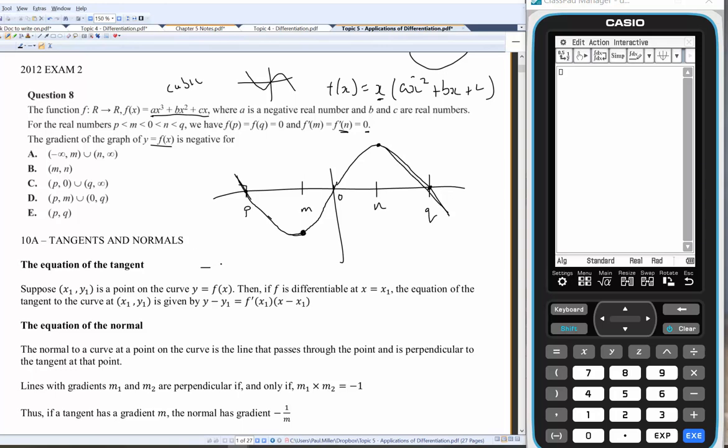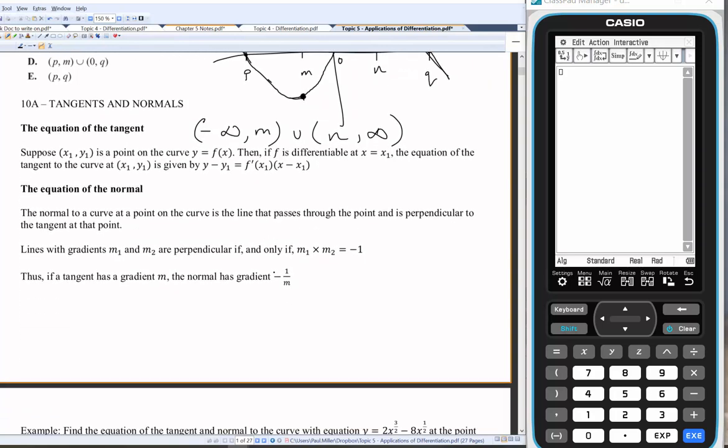So it's from negative infinity all the way up to m, not including the turning point, because that's where it's got a 0 gradient. And it's also going to have a negative gradient from n to positive infinity. And so that looks like the answer is this one here.